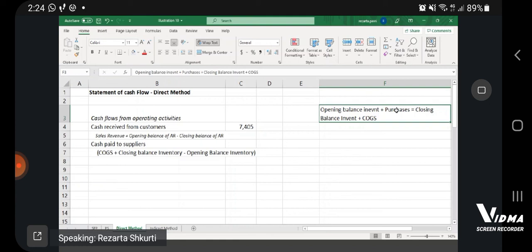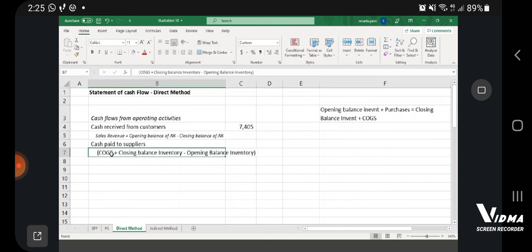Again, purchases will be equal, from altering mathematically this formula to represent purchases only. You see that purchases are equal to what? Cost of goods sold plus closing balance inventory less the opening balance inventory. Okay? So this was just to clarify why in this first brackets over here we just calculate the purchases amount.